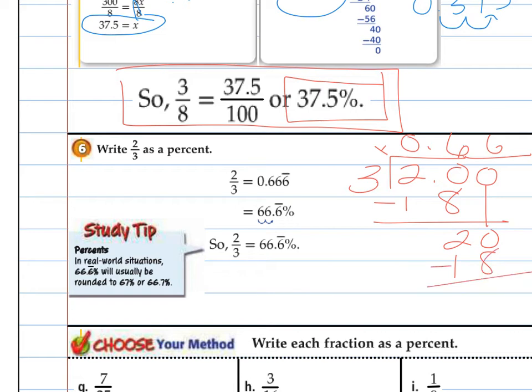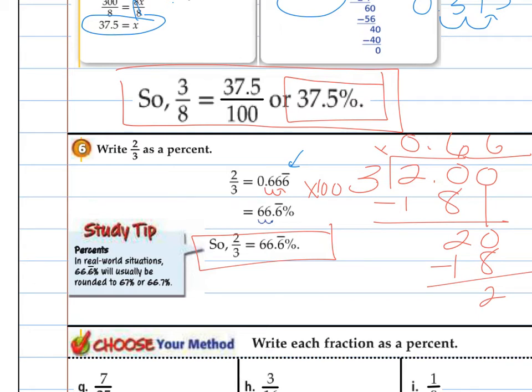We're always going to have a remainder of 2. So that means we have 0.6 with the bar notation, and remember that bar notation means repeating. So to get this decimal to a percent, we have to multiply by 100. So we went 1, 2 in, and we were at 66 and 6/10% repeating.